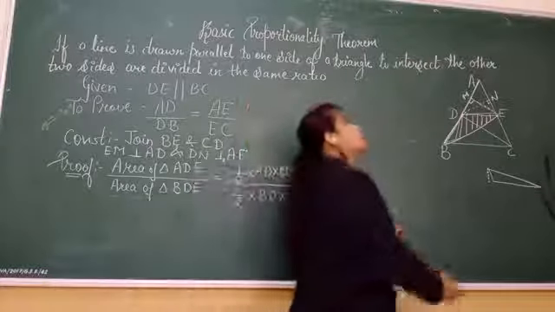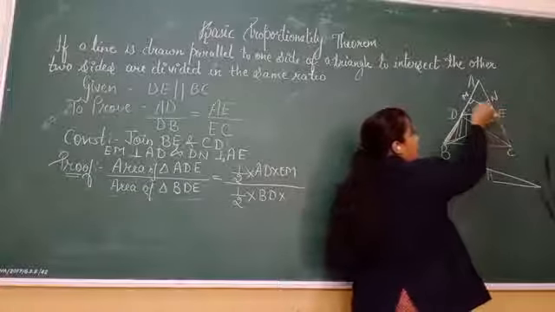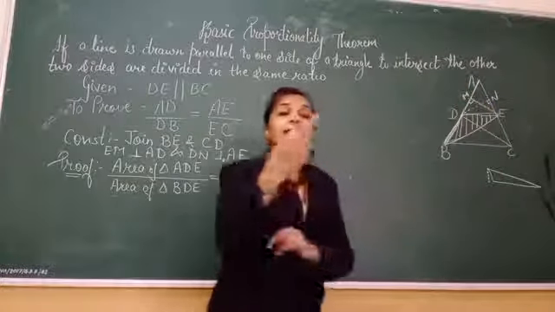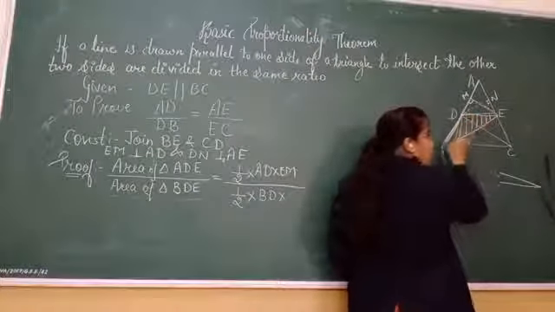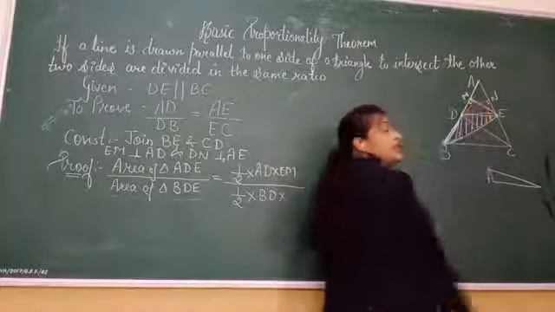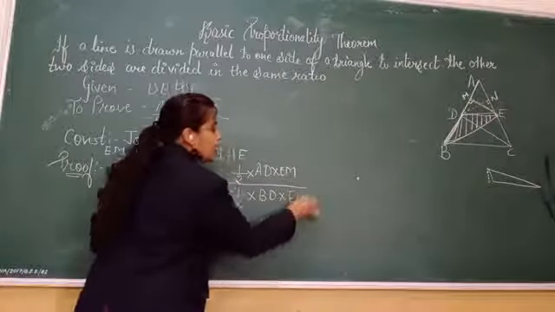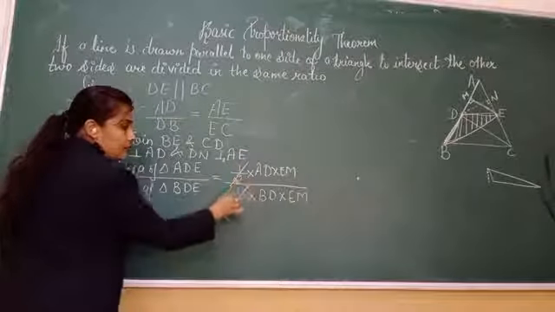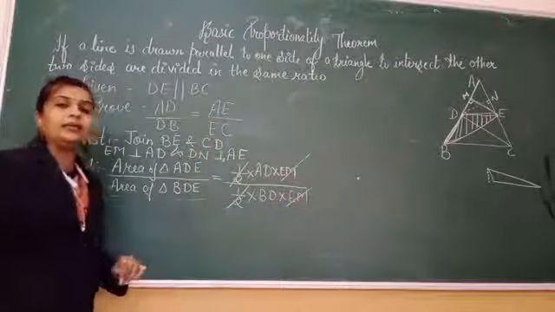The perpendicular line falling on this base is the height. From here, what is the height for this base? From the opposite vertex, EM is the height. So again, BD into EM. From here, half and half get cancelled. EM and EM get cancelled.